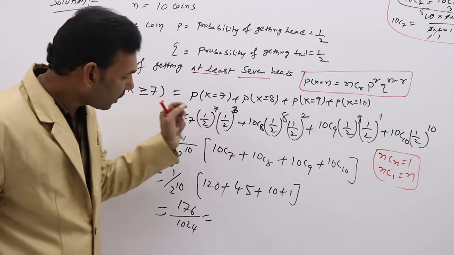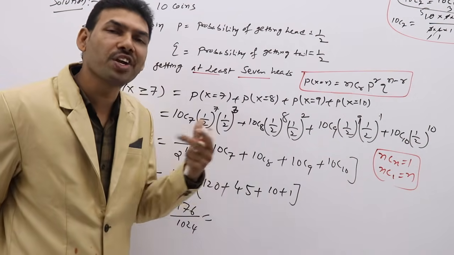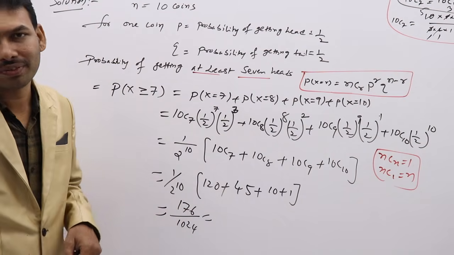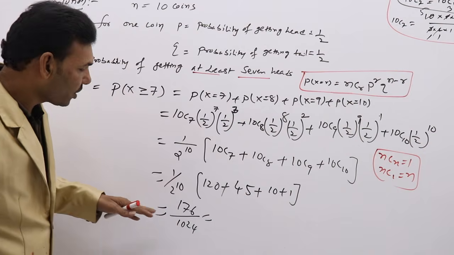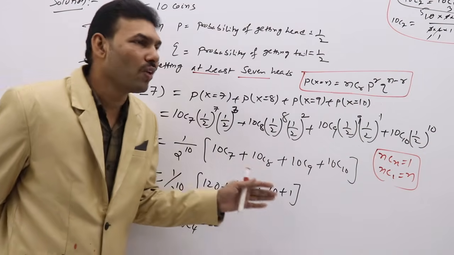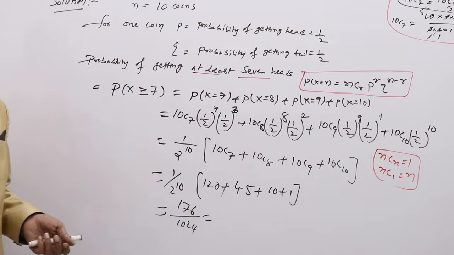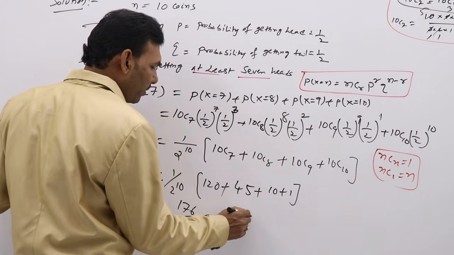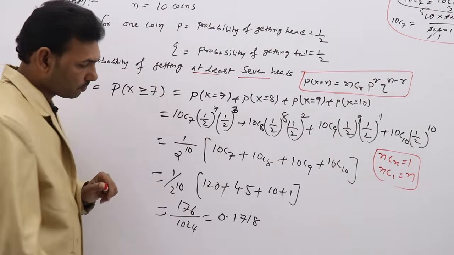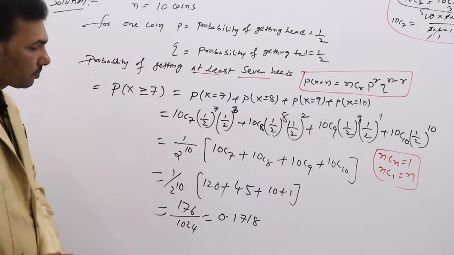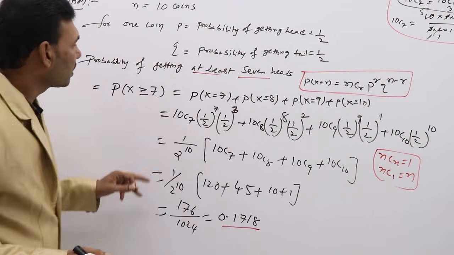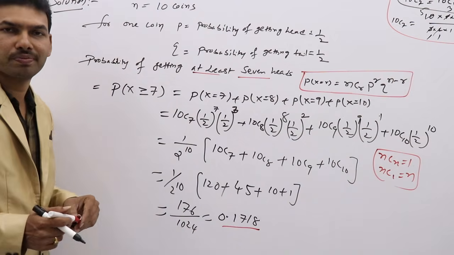Generally, if you write 1024 items, how difficult to pick up 176 items? Here, very easy. Now, if you calculate 176 by 1024 using your calculator, 0.1718. This is the probability of getting at least 7 heads.